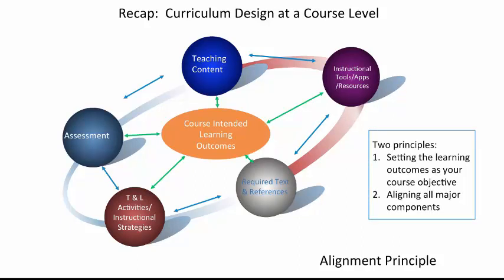By following these two principles, setting the learning outcomes as the course objective, and then aligning all the major components around the course-intended learning outcomes, a balanced, aligned course will result.